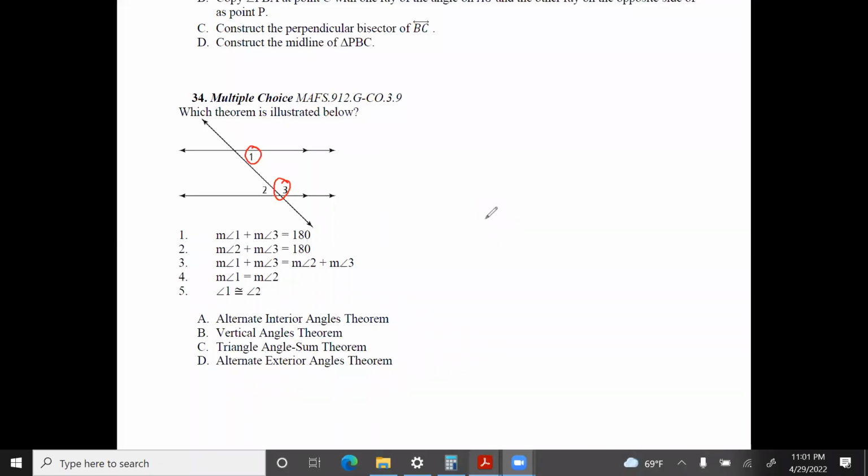Sorry, let me finish explaining that. So angle 1 and 3 was where we started off. Those were same side interior angles. Again, we used that property. We also used a couple of other properties in here, like linear pair for number 2. We use properties such as, sorry, not angle addition, transitive property for number 3.